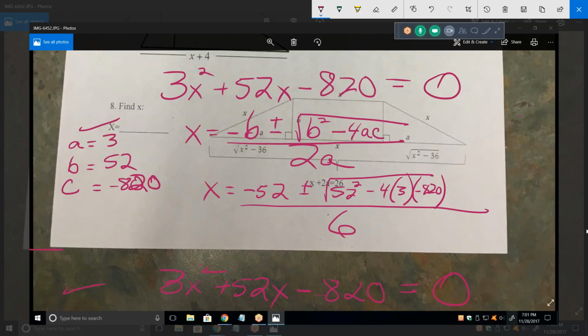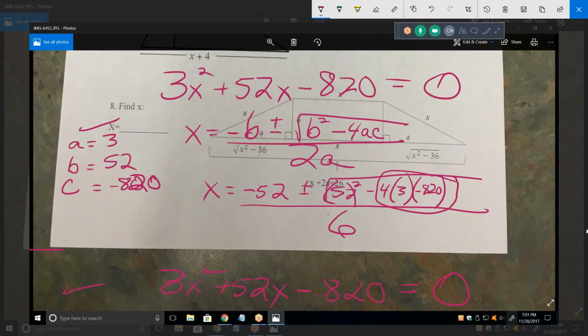Now, when you're solving something based on the quadratic formula, there are a lot of mistakes that are really easy to make. One is how you handle this part right here. I tell everybody to do that first. Come up with a number and then subtract that number from 52 squared.